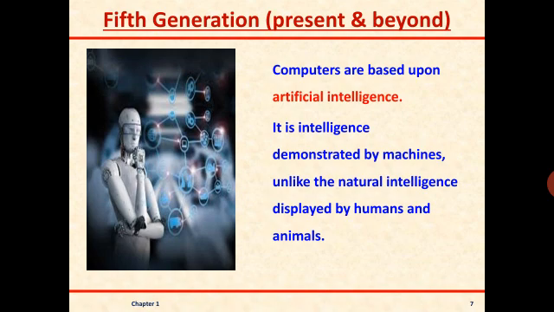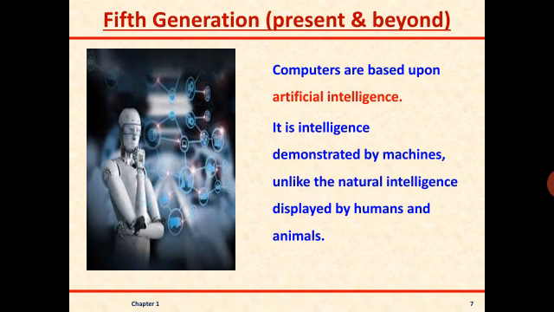First generation is made up of vacuum tubes, second generation of transistors, third generation of integrated circuits. Similarly, every generation has its own characteristics. I hope you remember the characteristics of each generation, and the speciality of each generation explained in today's class.